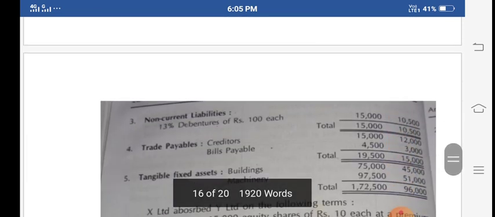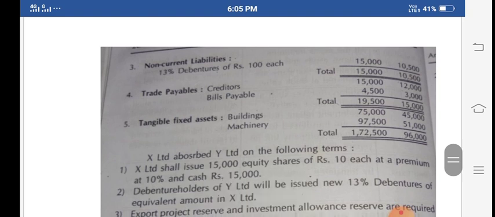Next, note number 3 is non-current liabilities, which are 13% debentures of rupees 100 each. 15,000 and 10,500 are directly given. Note number 4 is related to the trade payable, which includes the creditors and bills payable of X Limited as well as Y Limited.